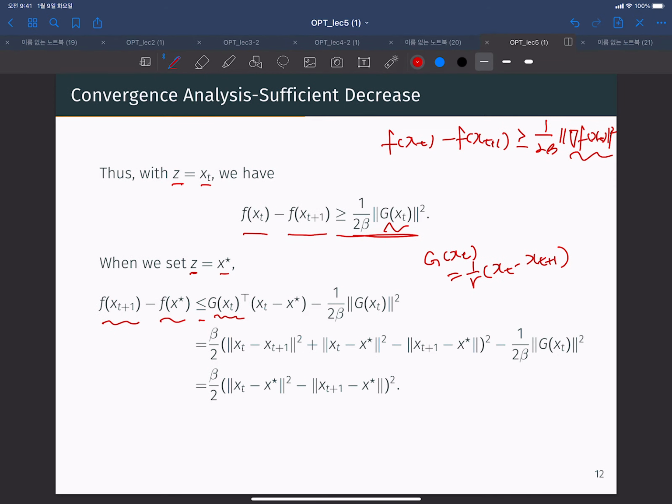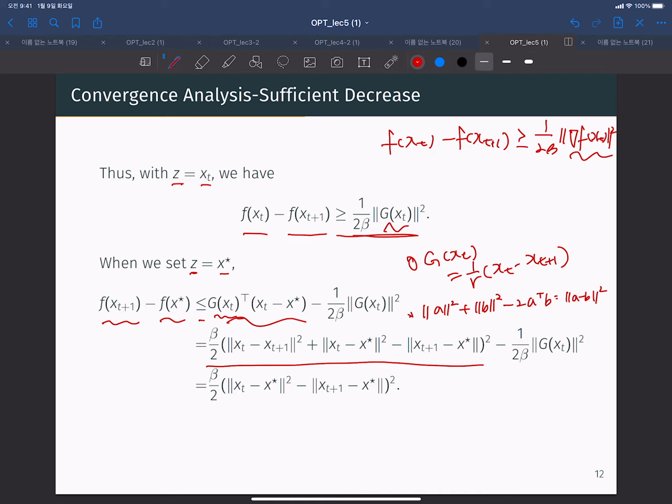And you can use a simple equality. You can rewrite this term with these two.